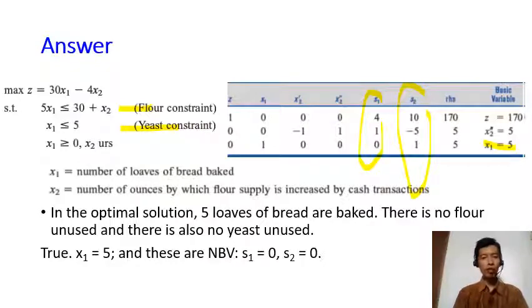Baking 5 loaves of bread requires 25 ounces of flour. But then remember that we sell the leftover of 5 ounces of flour. So that's why we do not have any leftover flour. So that's how we are handling the URS variable.